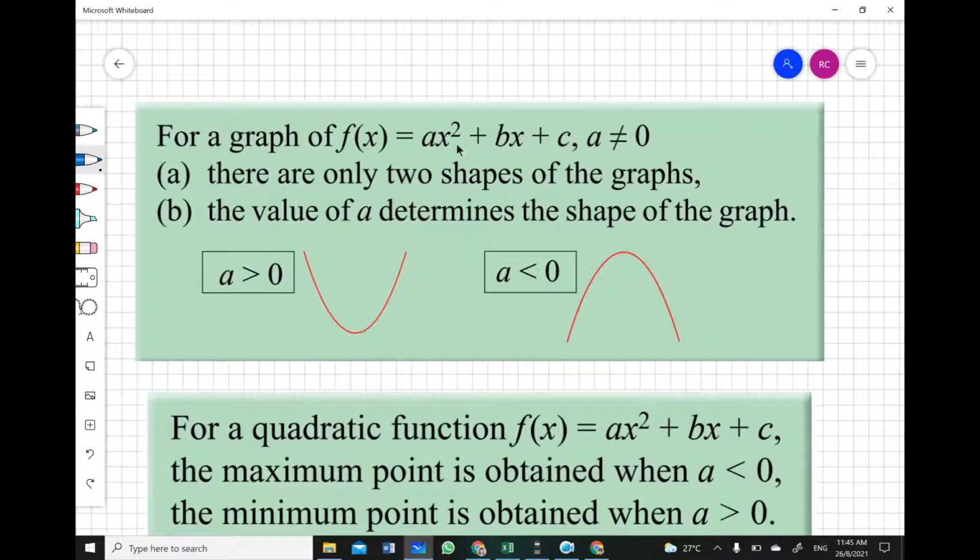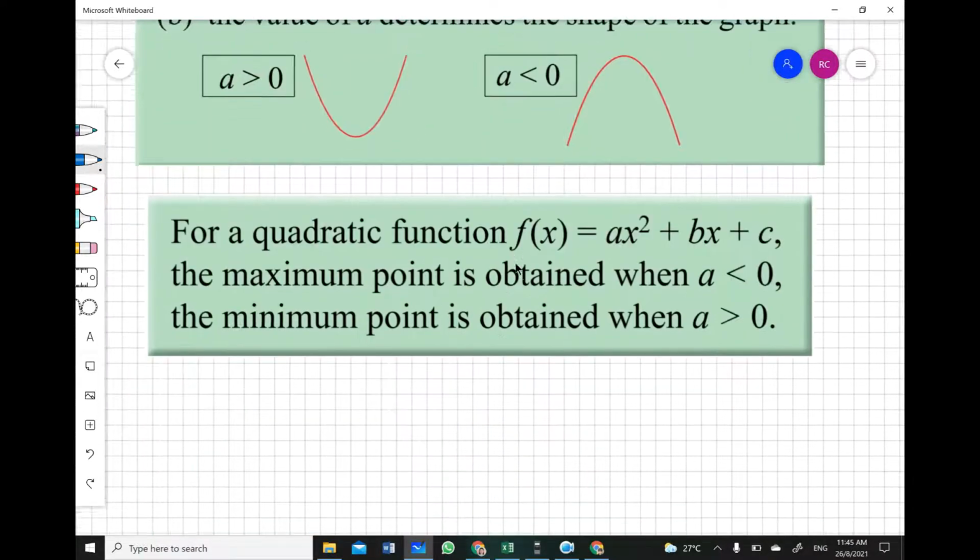For a graph of f(x) = ax² + bx + c, whereby a must not be 0, there are only two shapes. A smiley face, which you have learned, is when the value of a is greater than 0. A sad face is when the value of a is less than 0.